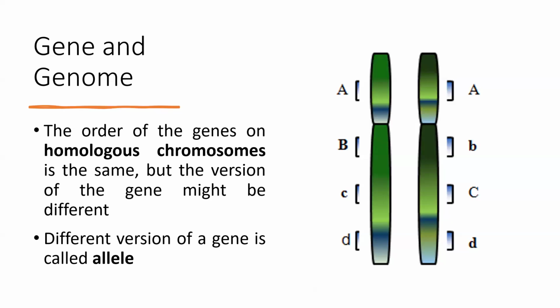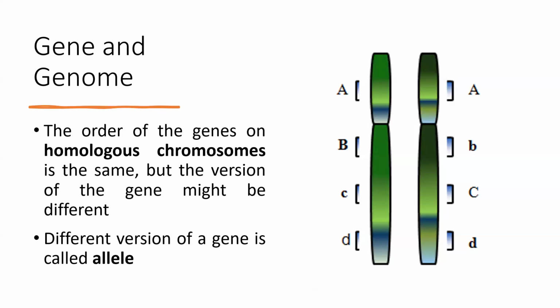Do not confuse homologous chromosomes with what I have over here. These are sister chromatids. They are stuck together and they are exactly the same. Homologous chromosomes are not identical. However, they are the same length, the same size, and the order of genetic information is the same.